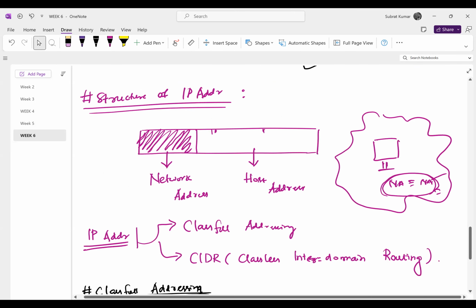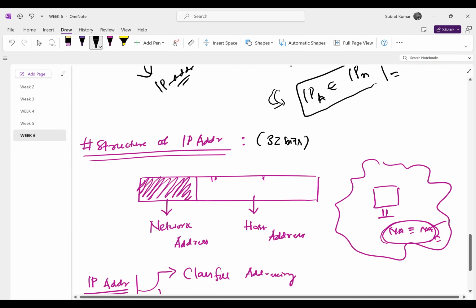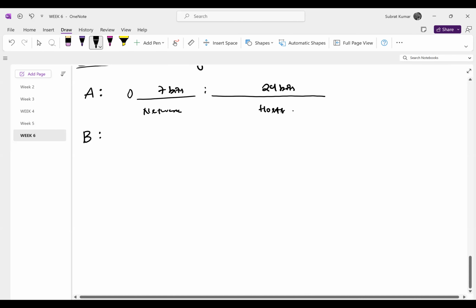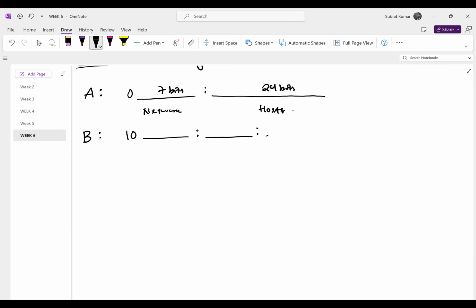The IP address is a total of 32 bits, so the remaining 24 bits will be used for the host. Then class B: it is identified by 1, 0, and the rest is 8, 8, 8, of which this part is the network and this is your host.